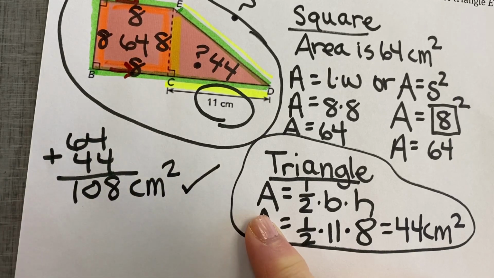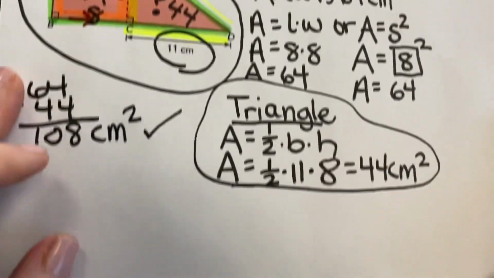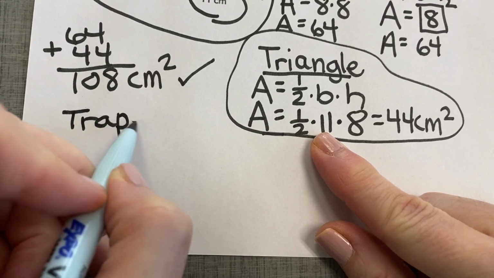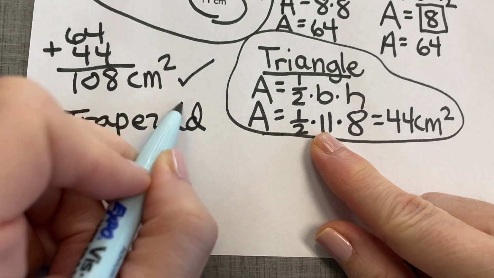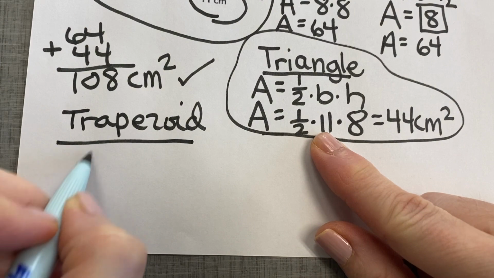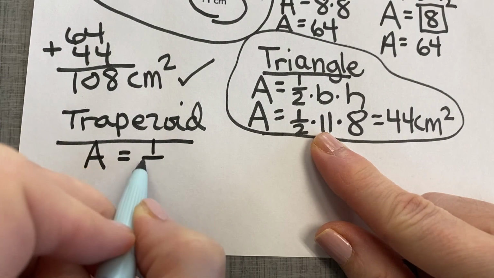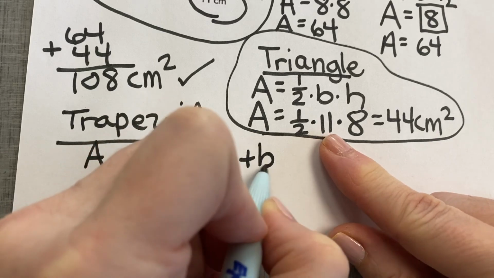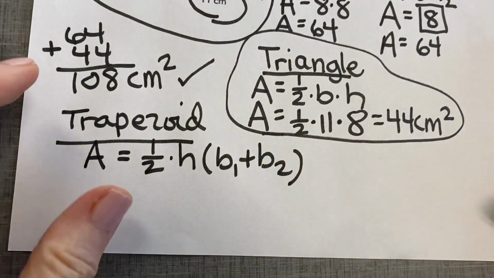That's one way to do it. Or if you wanted to go to the trapezoid formula, you could do that as well. I think we have enough information. That formula is area 1/2 times the height times the sum of the bases. So let's see if we have that information.